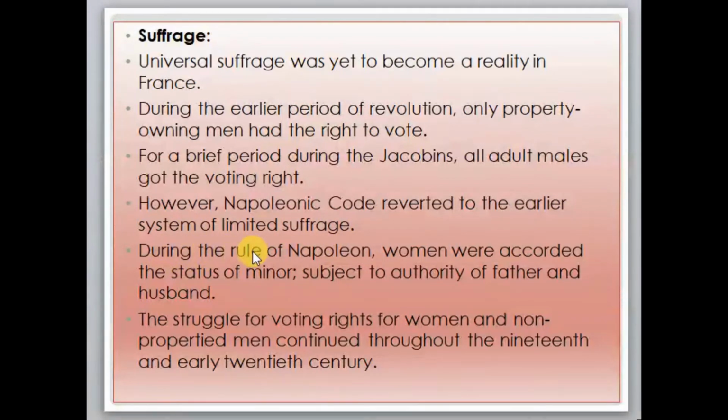During the rule of Napoleon, women were accorded the status of minors, subject to the authority of father and husband. Throughout the 19th and early 20th century, women and non-propertied men organized opposition movements demanding equal political rights.